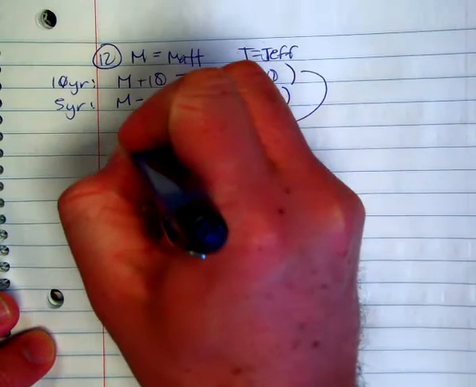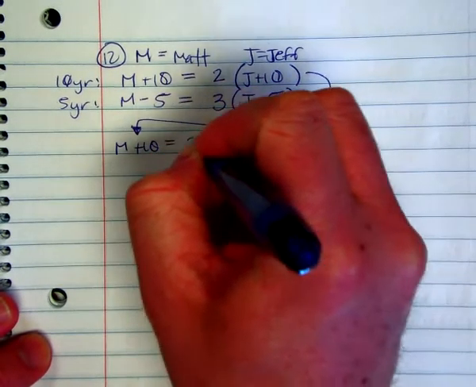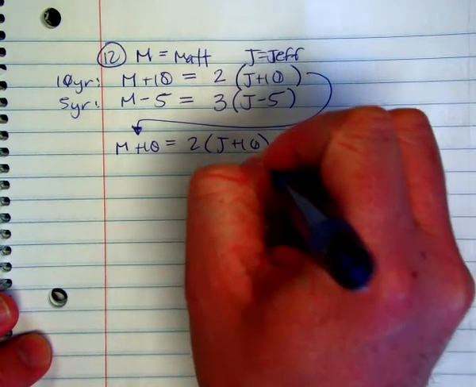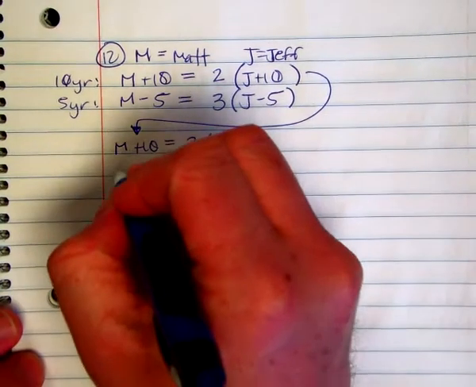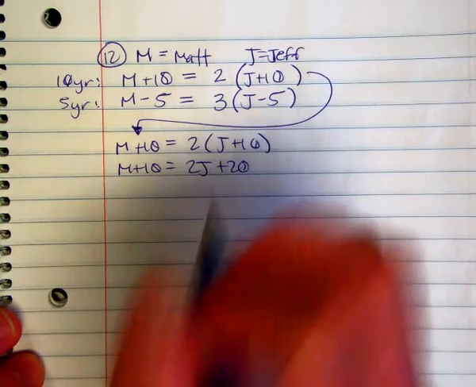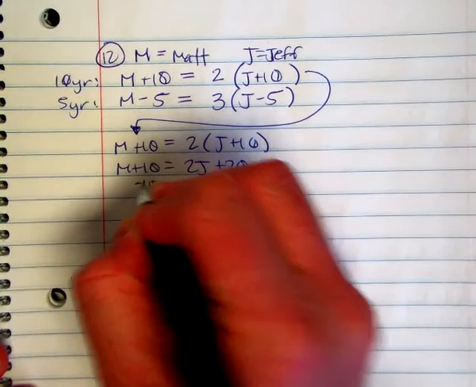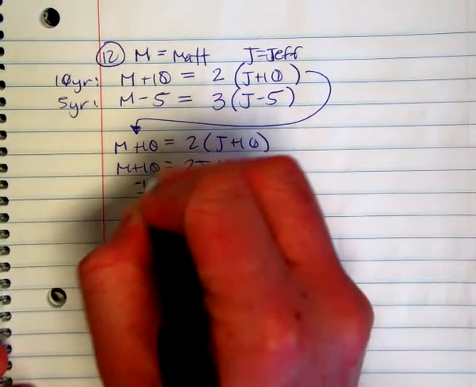So I'm taking this equation down here to rearrange. So m plus 10 equals 2 times j plus 10. Distributing the 2, m plus 10 equals 2j plus 20. I'm going to subtract 10 on both sides.